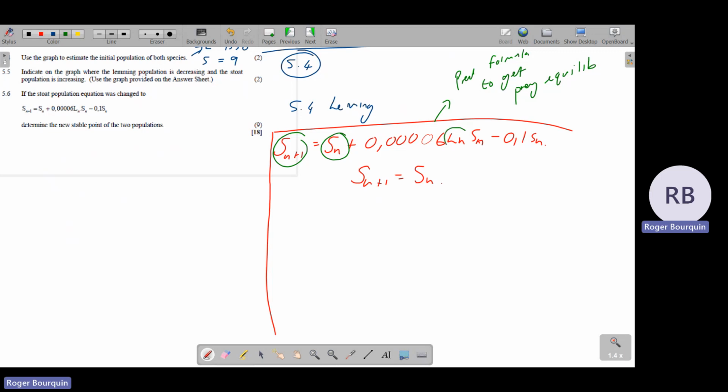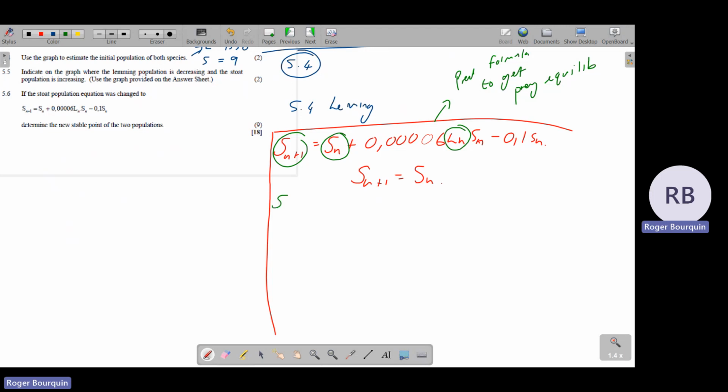So we're going to find the equilibrium of lemmings here with this new equation. Go try to isolate it.